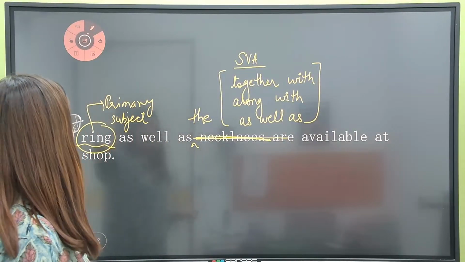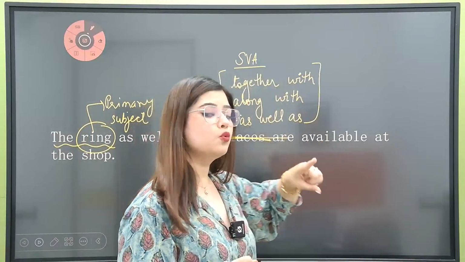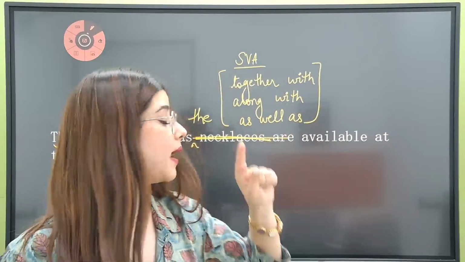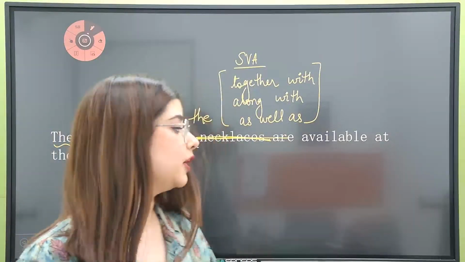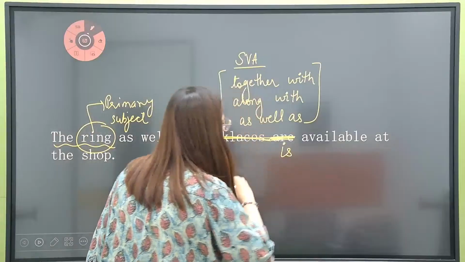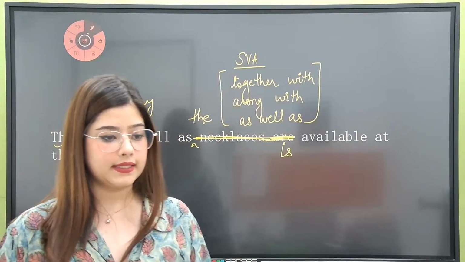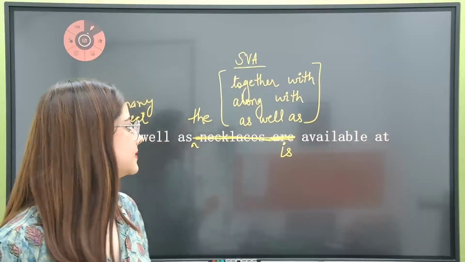If my primary subject would have been plural, then I would have used a plural verb form. But because my primary subject is singular, I am going to use a singular verb form. So instead of are, it should be is.